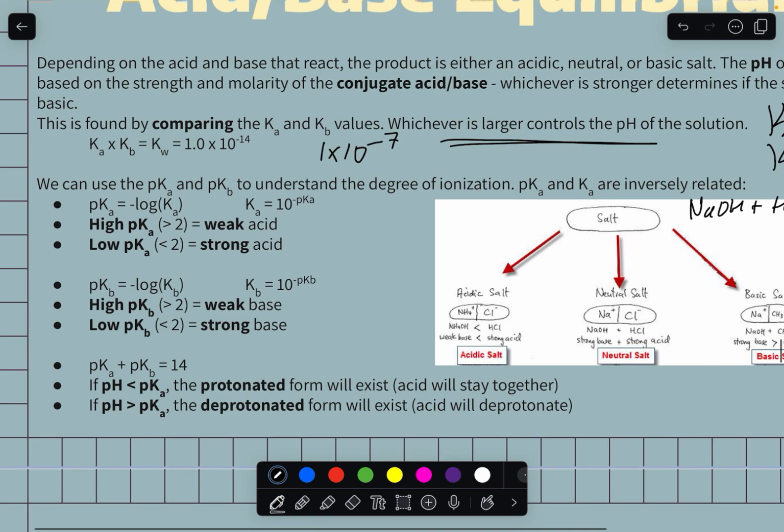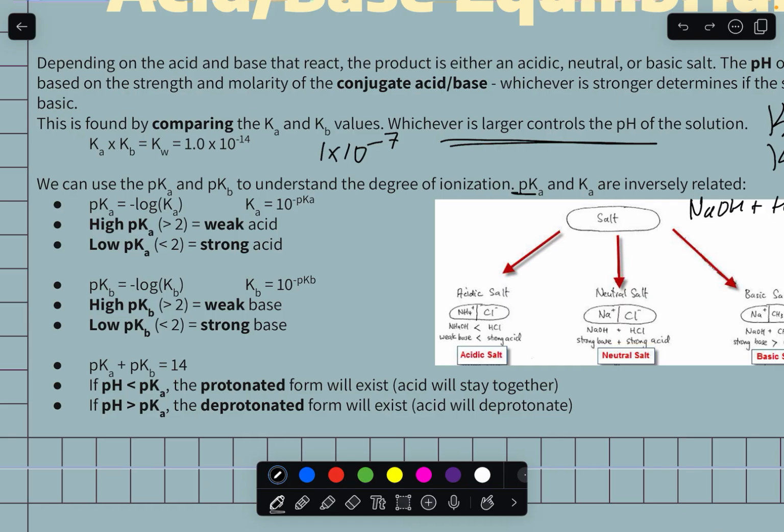All right. And then another concept we have here is pKa and pKb. So remember, if you add the p in front, that's the negative log. So pKa is the negative log of Ka, pKb is the negative log of Kb. Okay, so pKa and Ka are oppositely related. If your Ka is high, it's a strong acid.